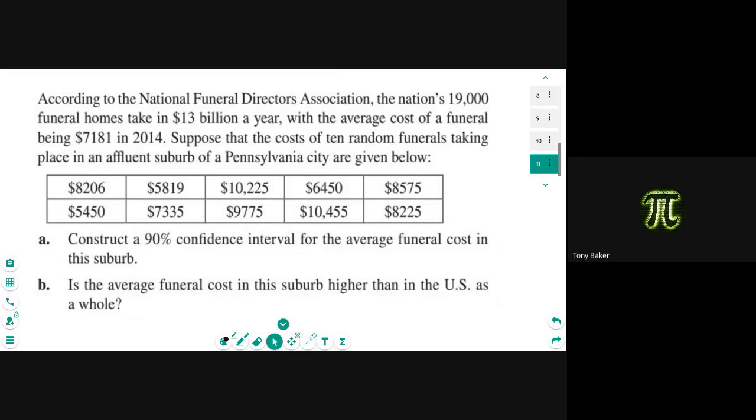All right. What about this problem? How do I do it?